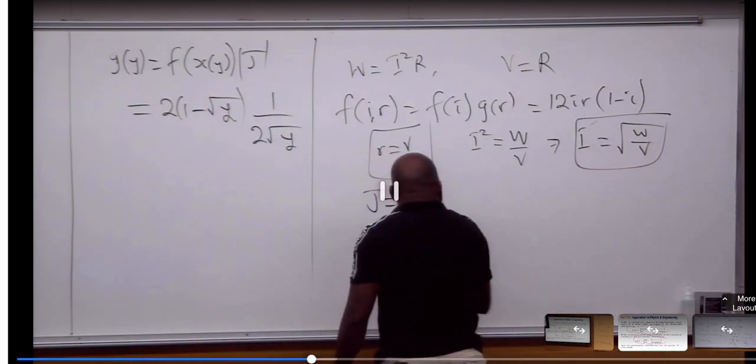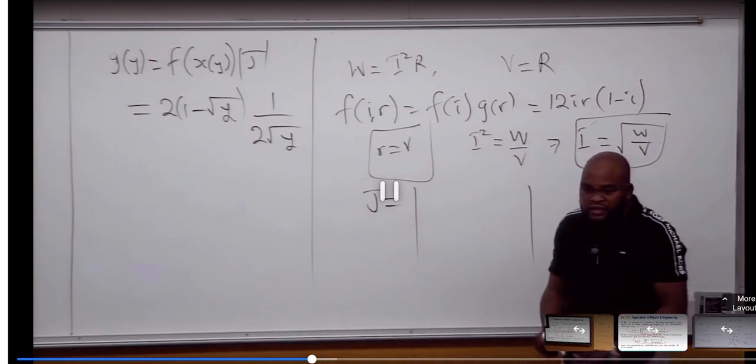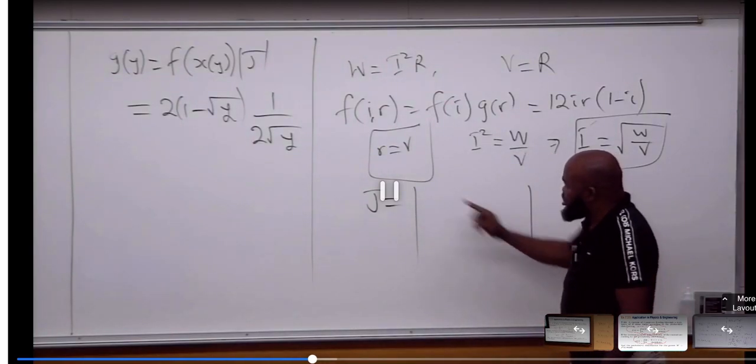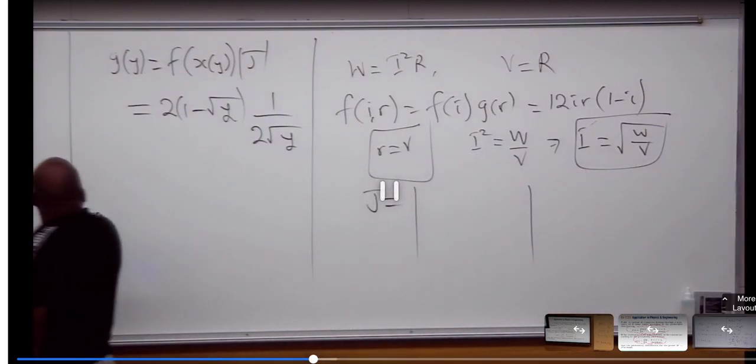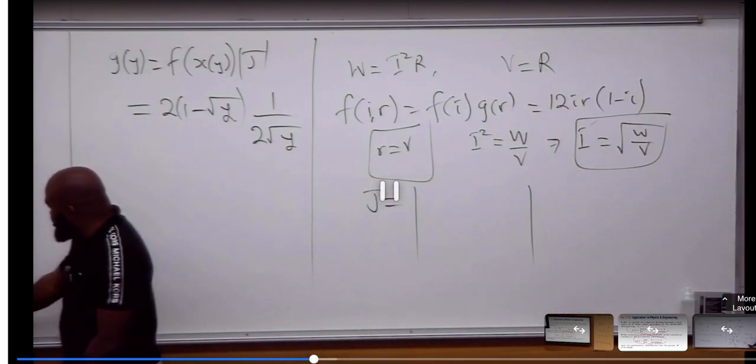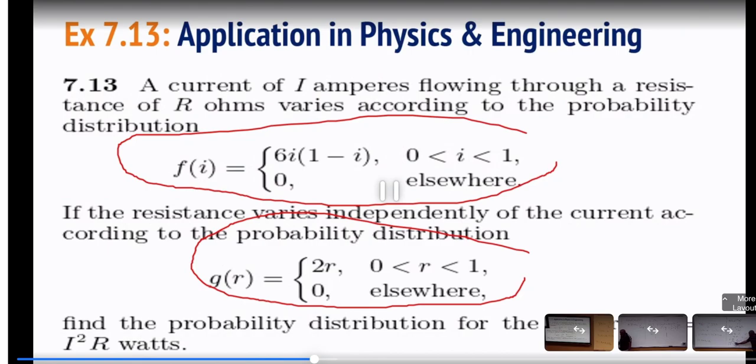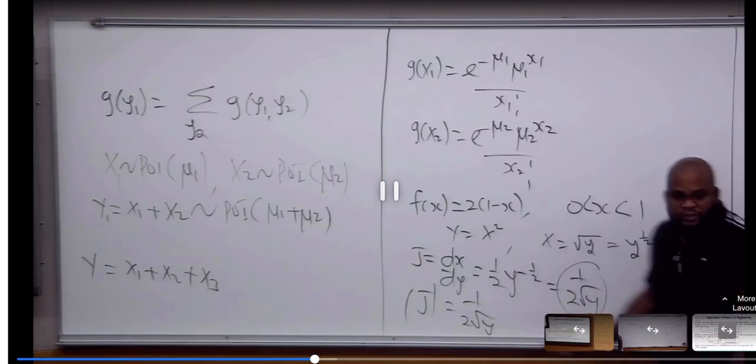But the Jacobian is going to be a matrix because I got two variables. The other time, when we had one-to-one, the Jacobian is not going to be a matrix.